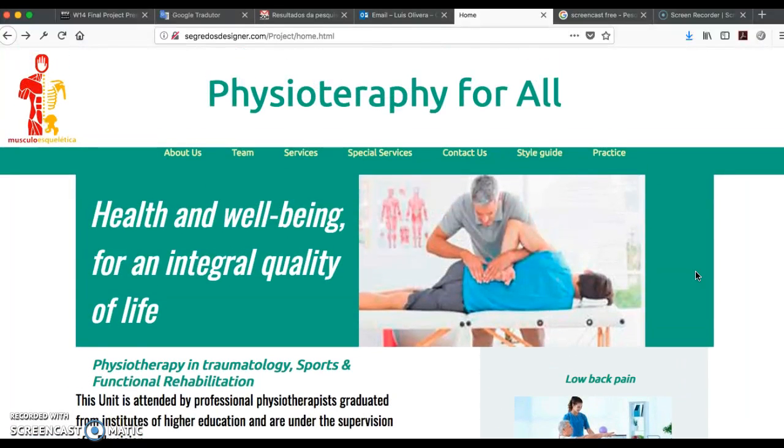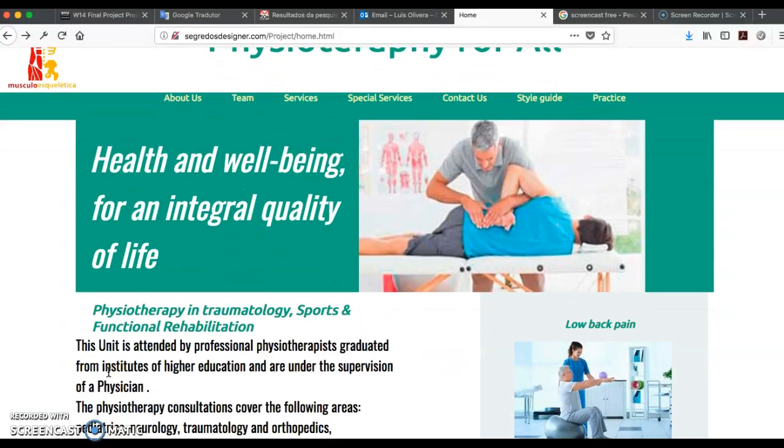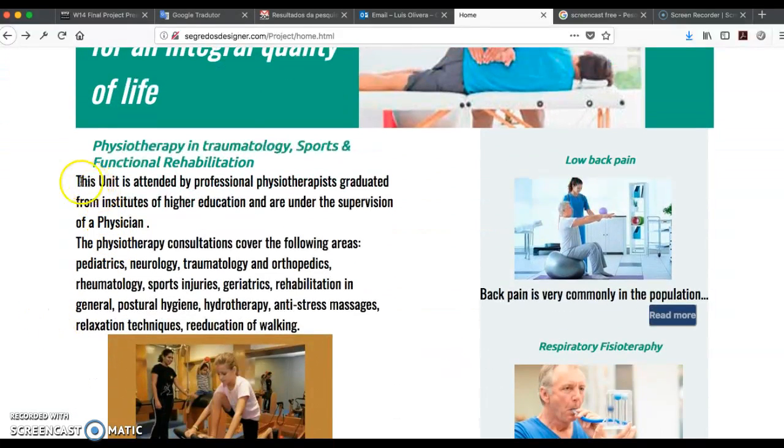Right now, let's check some things about the design. The typography that I chose for the headings was Ubuntu. The second option for the paragraph was Owl as well.